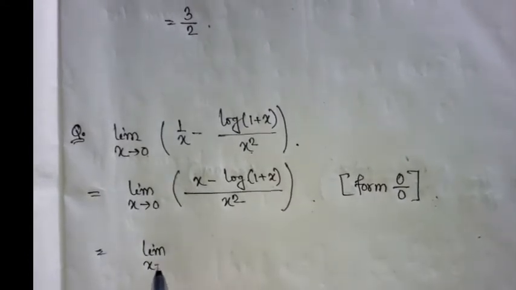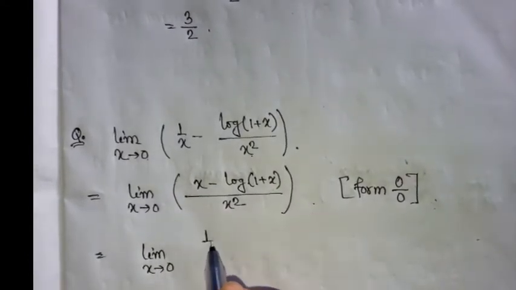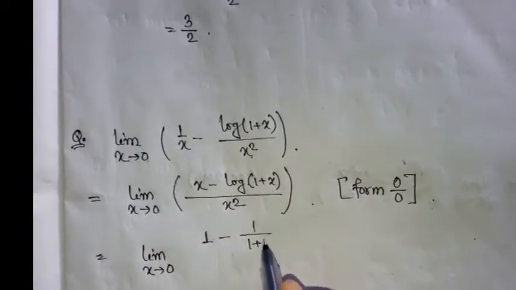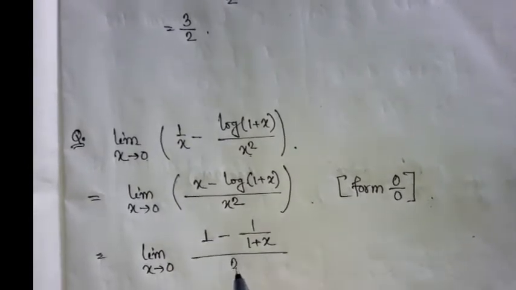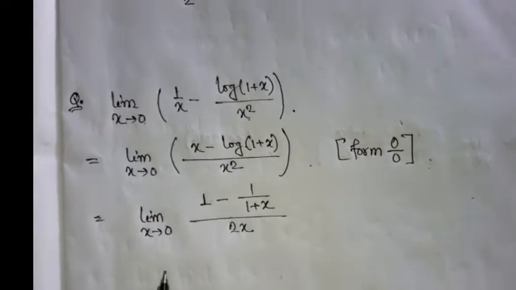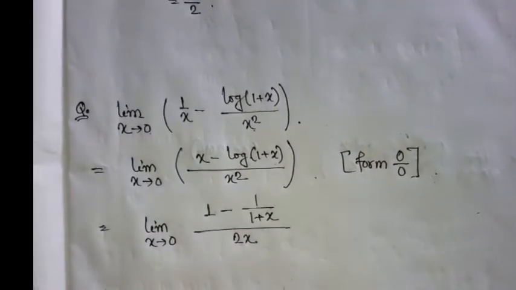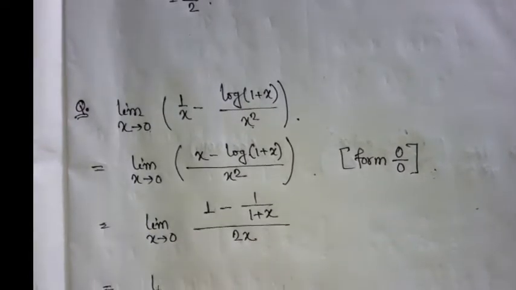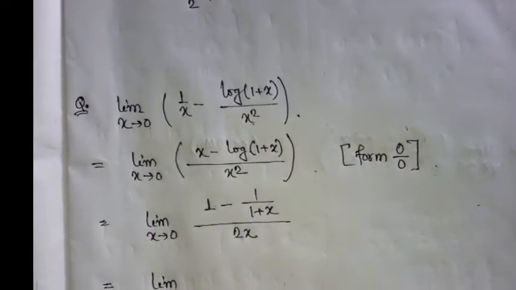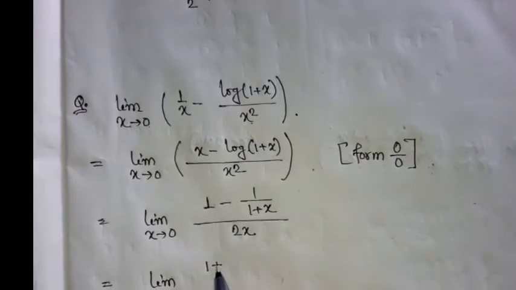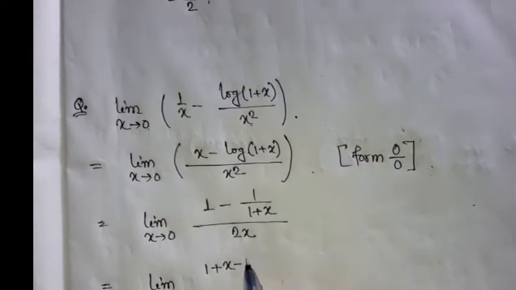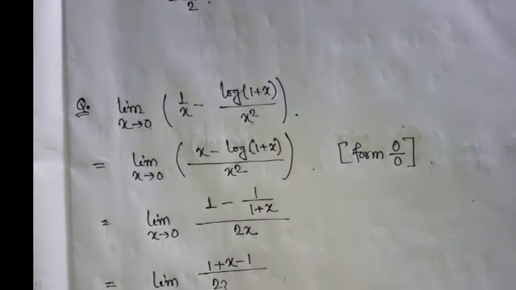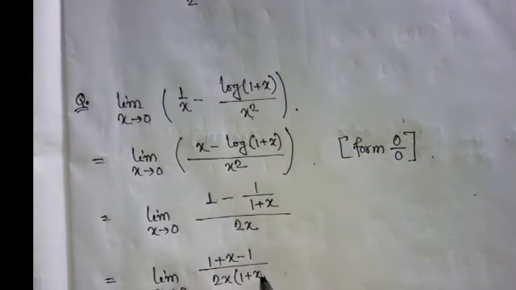Since it is the form 0 by 0, apply L'Hospital's rule. So limit x tends to 0, the derivative of the numerator is 1 minus 1 by 1 plus x, by 2x. If you put in the value again, it will be 0 by 0, but simplify once. I am doing one more line to simplify it. Then it will be 1 plus x minus 1 by 2x into 1 plus x. Hope you understand.